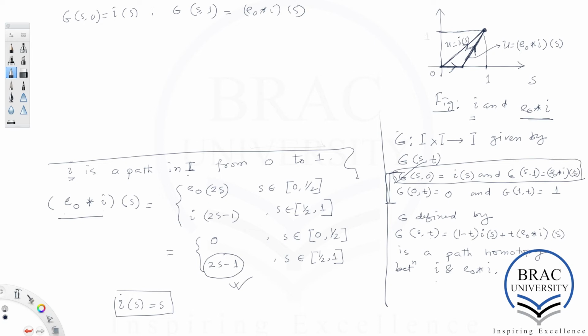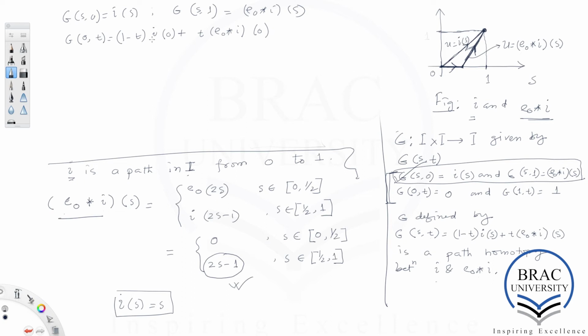For the second condition, we take G of 0 comma t, which is equal to, so I plug in s to be 0 here, so I have (1 minus t) times I of 0 plus t times E0 star I of 0, right?